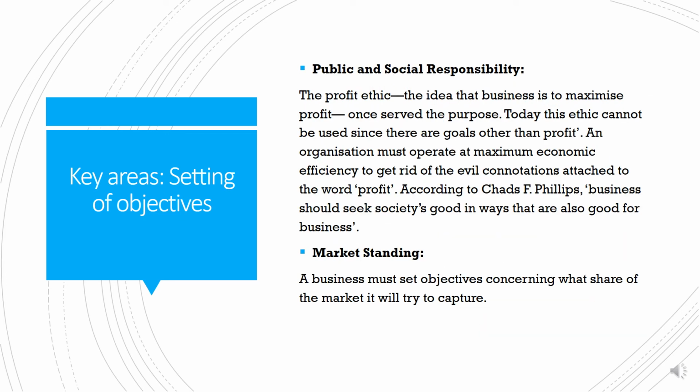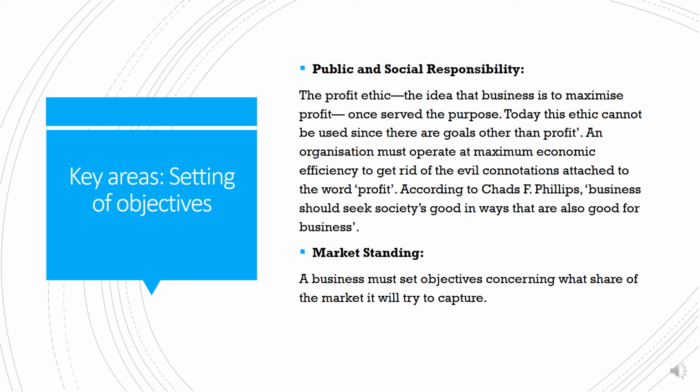Then public and social responsibility. The profit ethic, the idea that the business is to maximize profit, once served the purpose. So you have to take care of the social responsibility of the business and create objectives according to that. Today, this ethic cannot be used since there are goals other than profit.